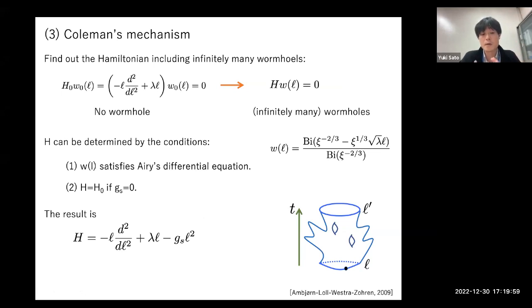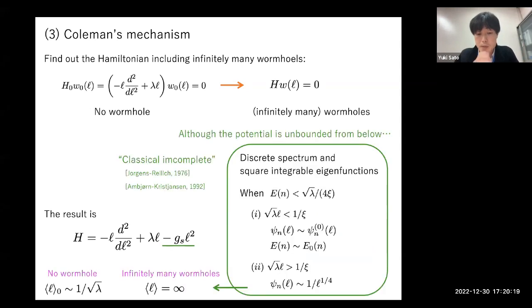However, this Hamiltonian includes all the contributions from the wormholes and baby universes. It is expressed by this last term, L squared. So you might think this is problematic because of this last term, the potential is not bounded from below. However, this is a very special case called classically incomplete.